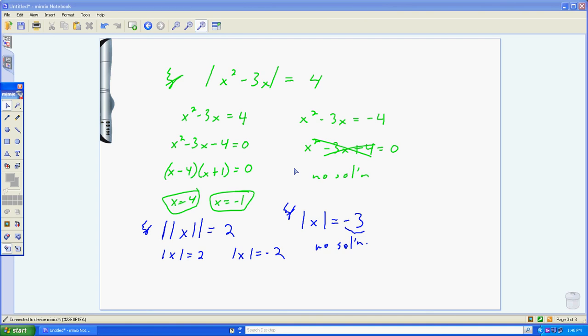You set up this one, but the second one has no solution, so you just go with the first. So x equals 2, x equals negative 2. It's like doing two in one. That's a bad example. I should have done it with a trinomial or something, but you get the idea that you go through it twice. You drop the first set, you set both up, things like that.